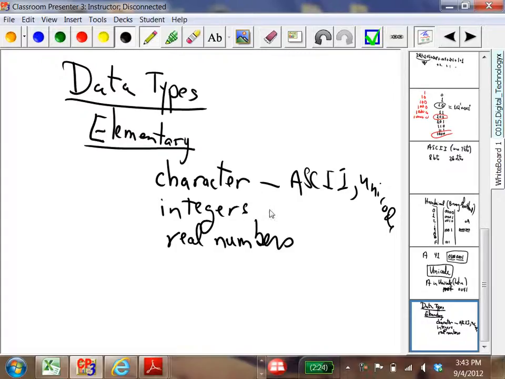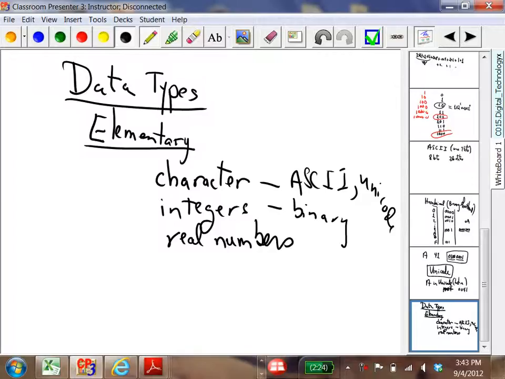Integers, that means whole numbers, both positive and negative, and zero. These are stored in binary. And real numbers are stored in a special data type for real numbers. Now, these aren't the only elementary data types, but these are, I guess, the most usual data types.